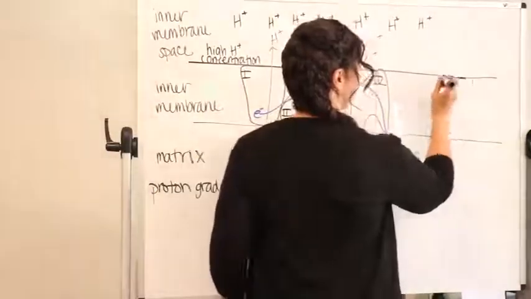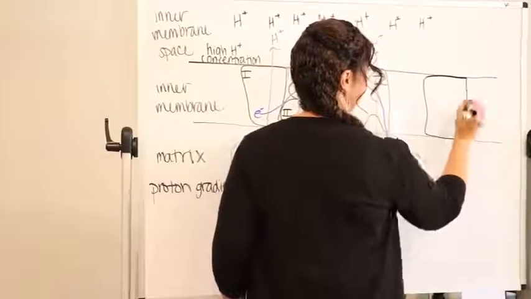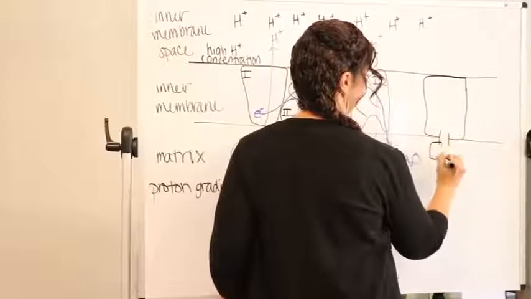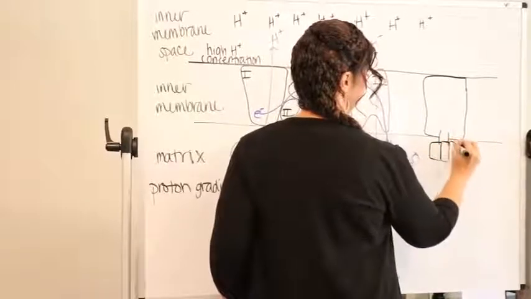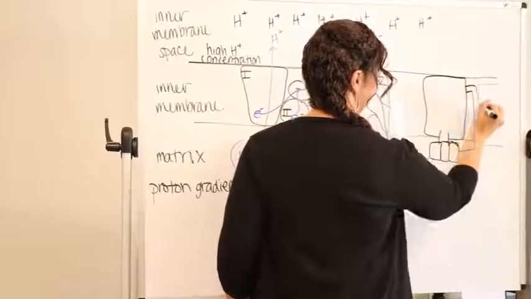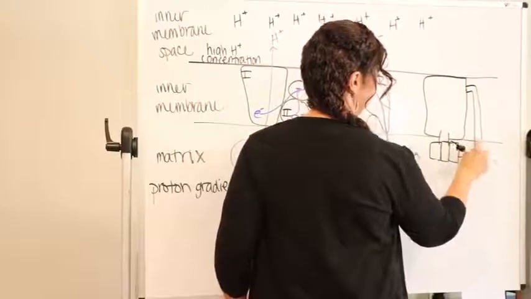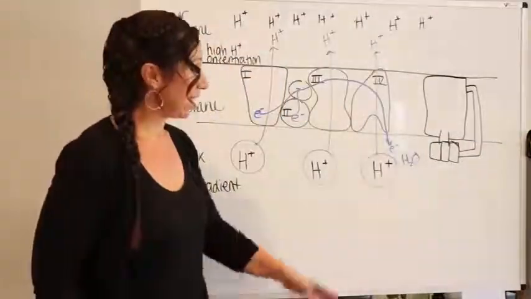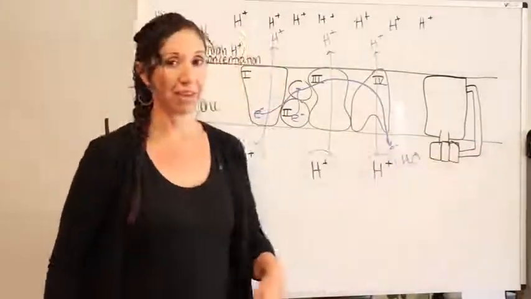This enzyme is called ATP synthase. What ATP synthase does, it's in the name, it actually synthesizes ATP. And I kid you not, it kind of looks like this. It's a protein channel. And it has like this doorknob region on the end here too.